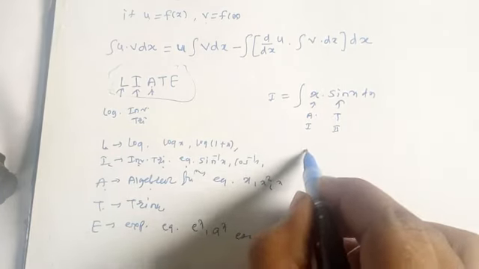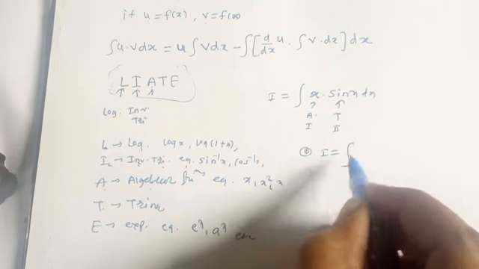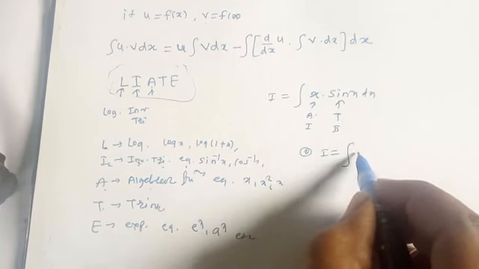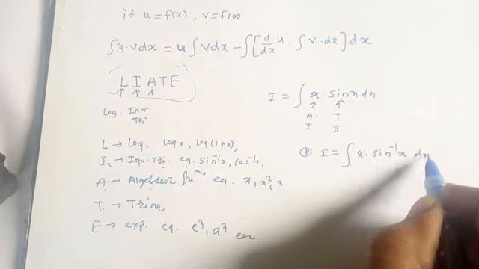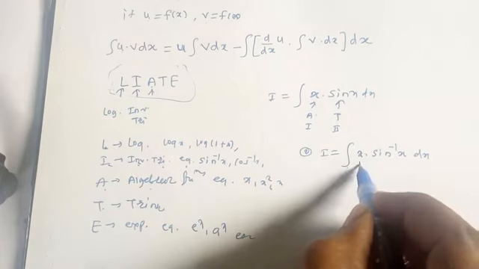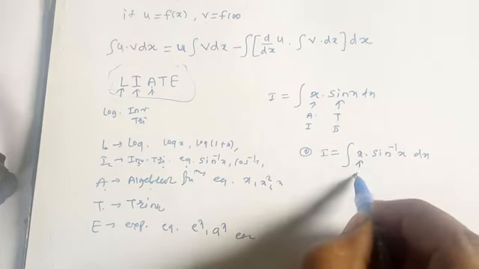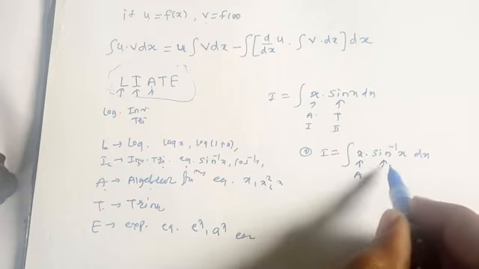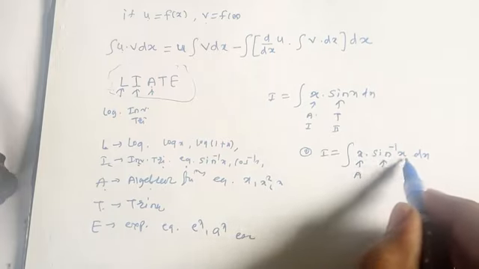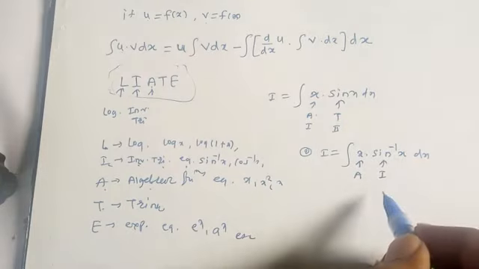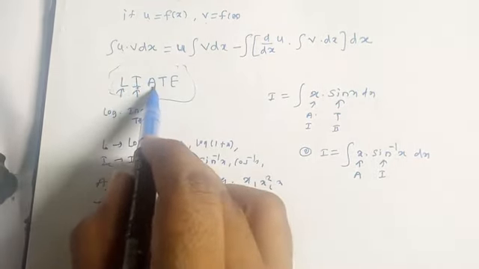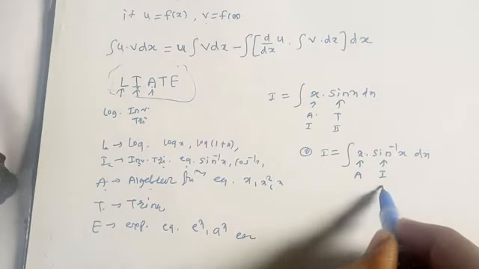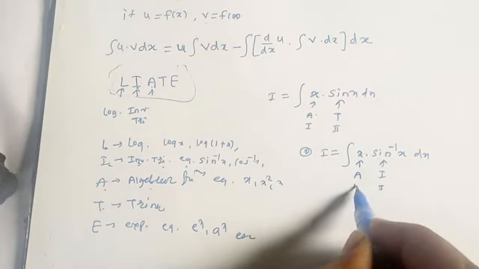Also, suppose we have I equal to integration x into sine inverse x dx. Here x is an algebraic function and sine inverse x is an inverse trigonometric function, and in our LIATE rule I comes first, then A. So take the first function as sine inverse x and the second as x.